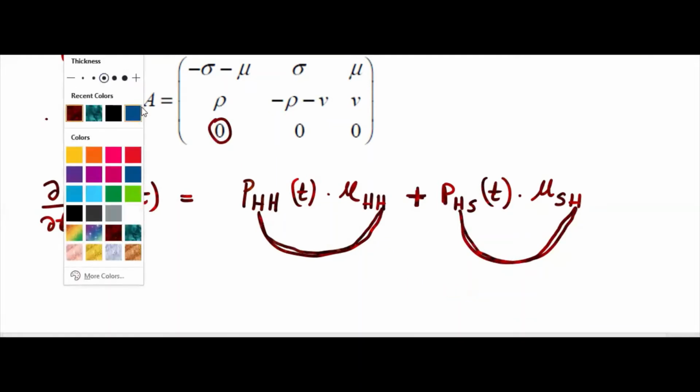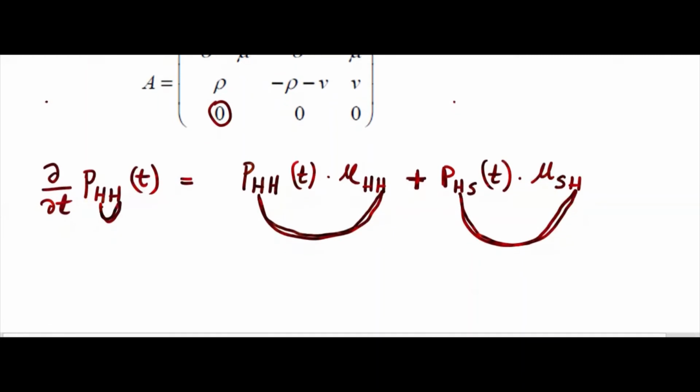Now, if you want to write the complete equation, let me write P H H T. We have a derivation for this one as well to find this, but it's not required now. Then mu HH, the first one, minus sigma minus mu, if I'm not wrong.